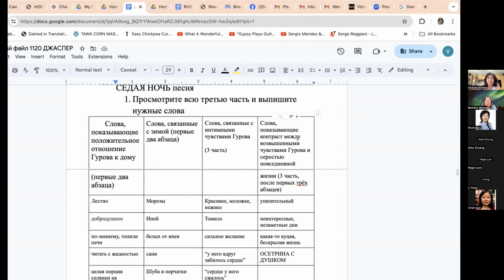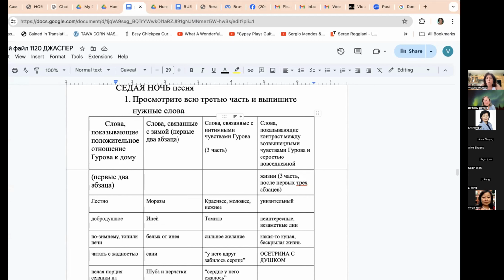Let's say they read a short story, and they're called to scan a certain part of it and copy out the words. Those are 4 categories of words: positive words of the main character, words connected to winter, words expressing feelings of the main character, and words that contrast.